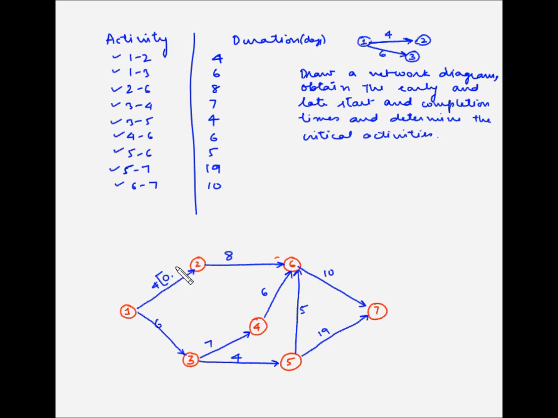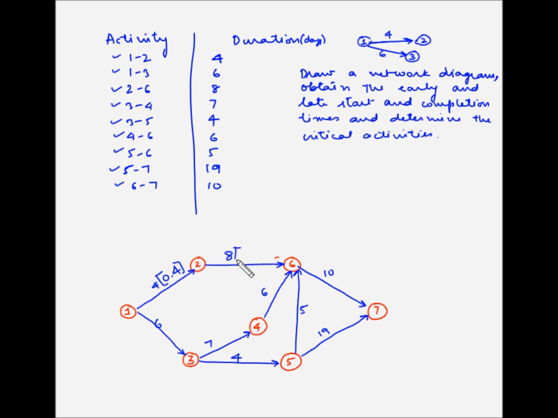So the early finish would be 4. Activity 2-6 has a duration of 8 days. Now activity 2-6 can only start once the activity 1-2 has been completed. Now 1-2, the earliest finish time is 4.